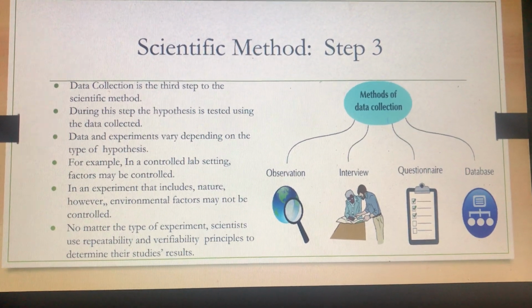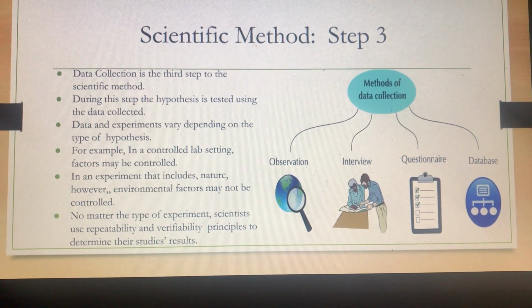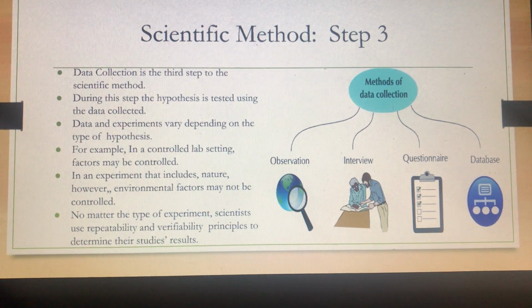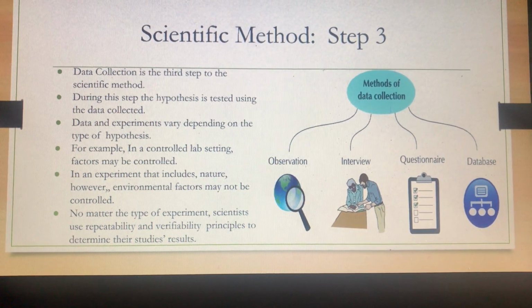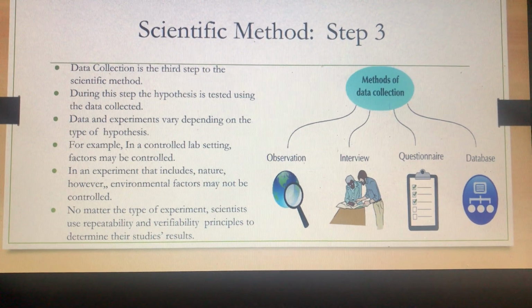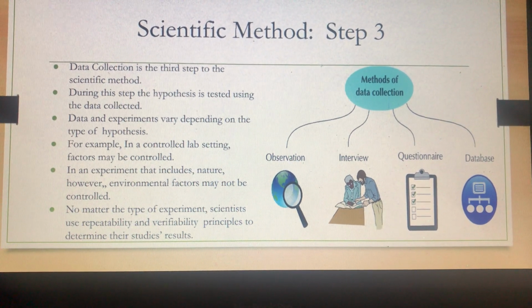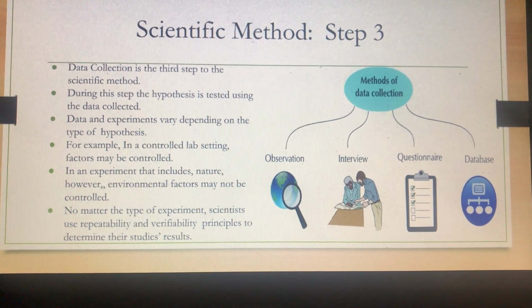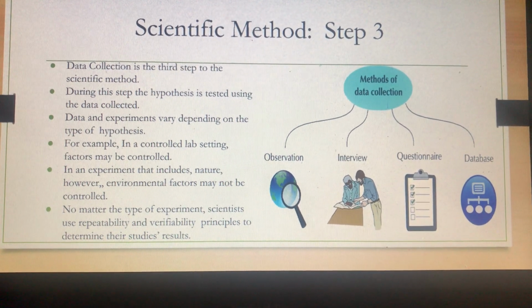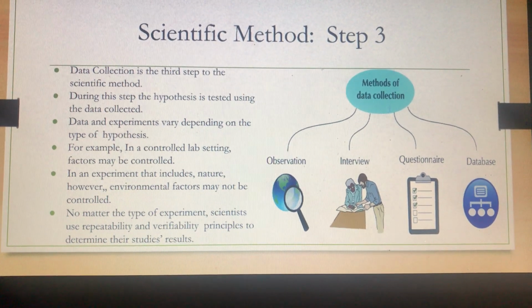Scientific method, step 3. Data collection is the third step to the scientific method. During this step, the hypothesis is tested using the data collected. Data and experiments vary depending on the type of hypothesis. For example, in a controlled lab setting, factors may be controlled.